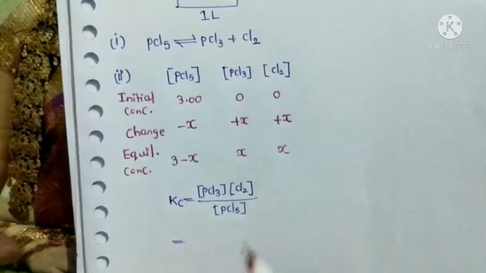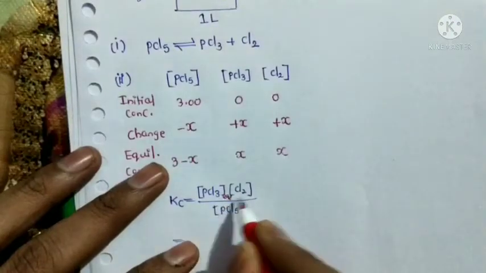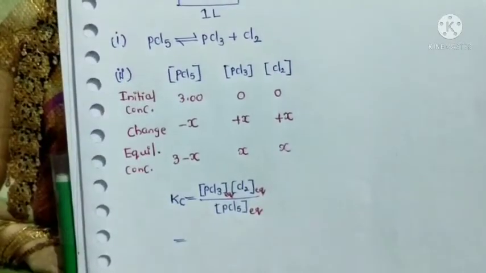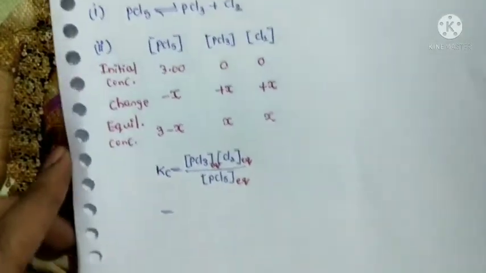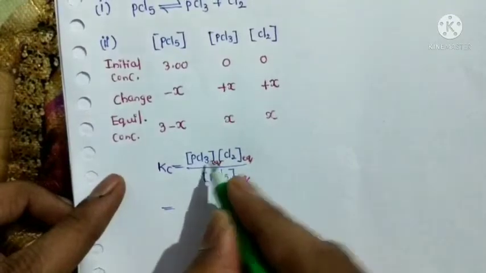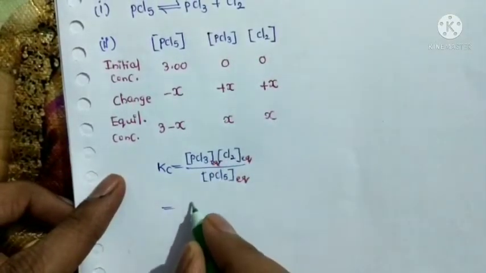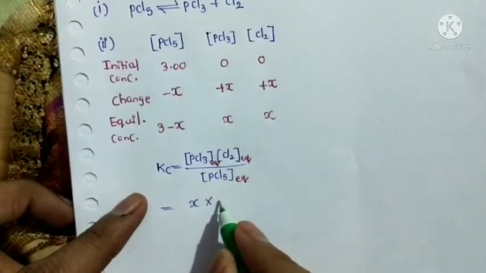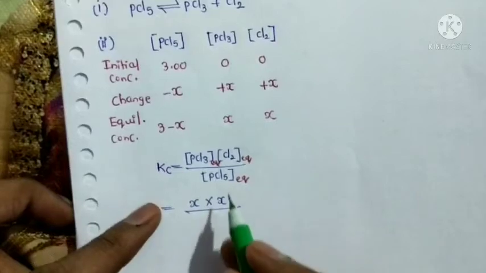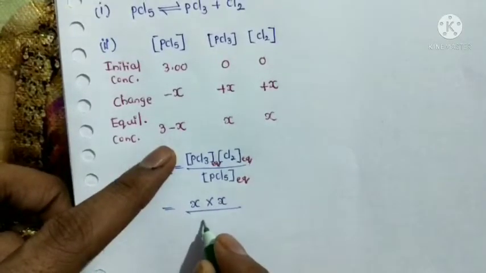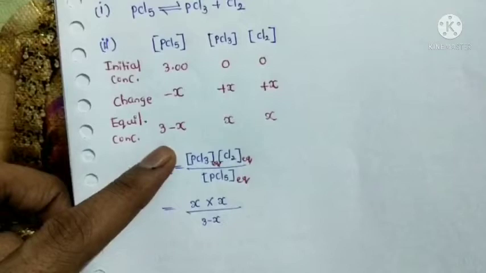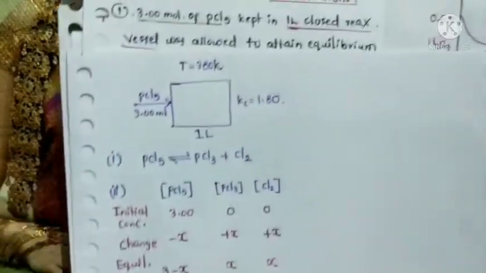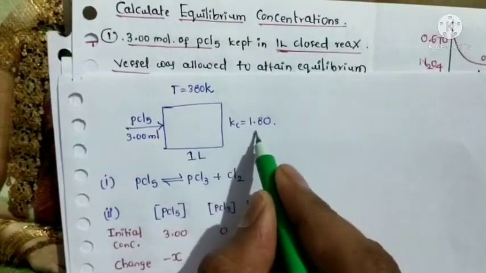So the concentrations are X, X divided by 3 minus X, and the equilibrium constant value given is 1.80.